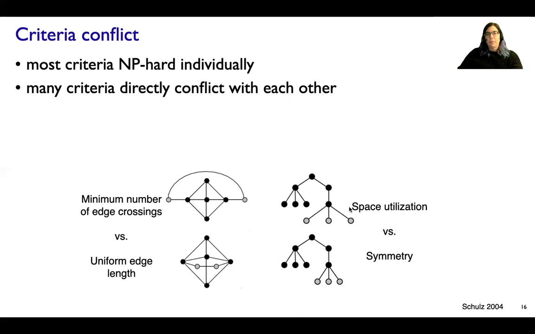Or we might want to really emphasize certain kinds of symmetries, but then maybe we're not going to make very good use of space. And so sometimes we have those two criteria of minimizing the total drawing area versus explicitly showing the symmetries.